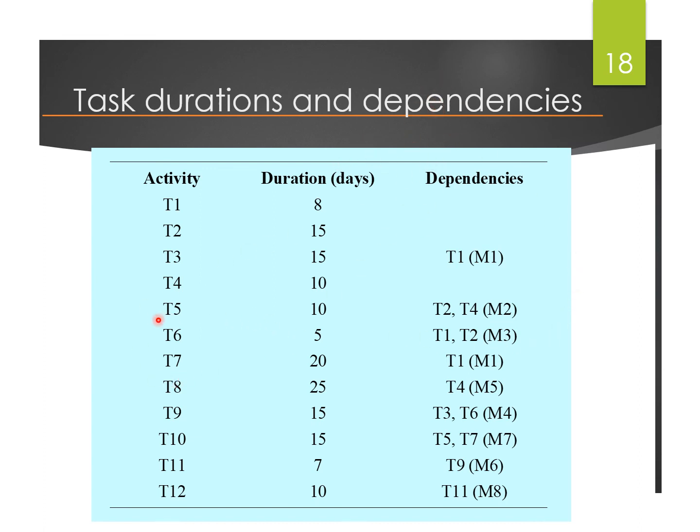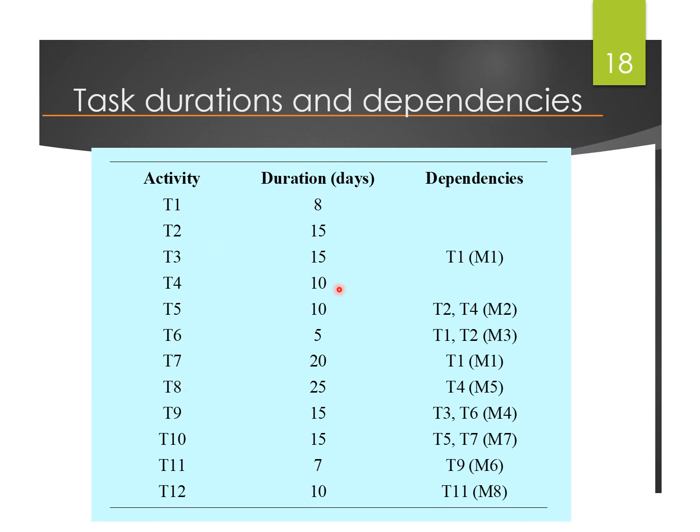If, for example, task 5 takes 10 days, it will be taking 10 days, and before T5 can start, it needs to make sure that T2 and T4 are completed, and the milestone M2 is only achieved once T2 and T4 are completed.